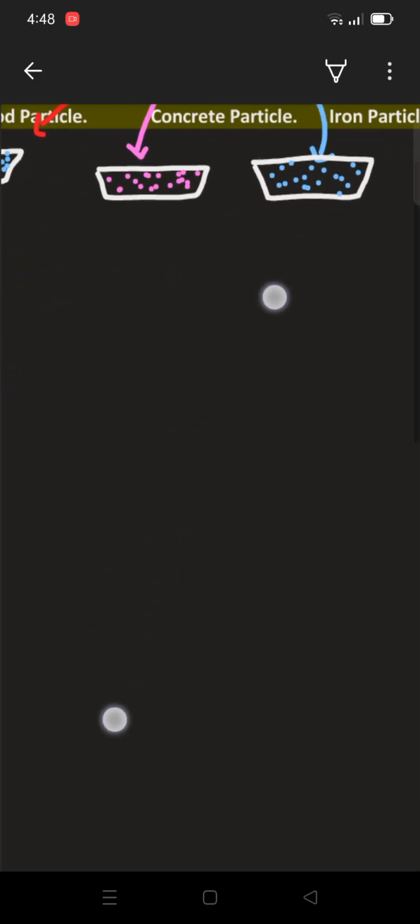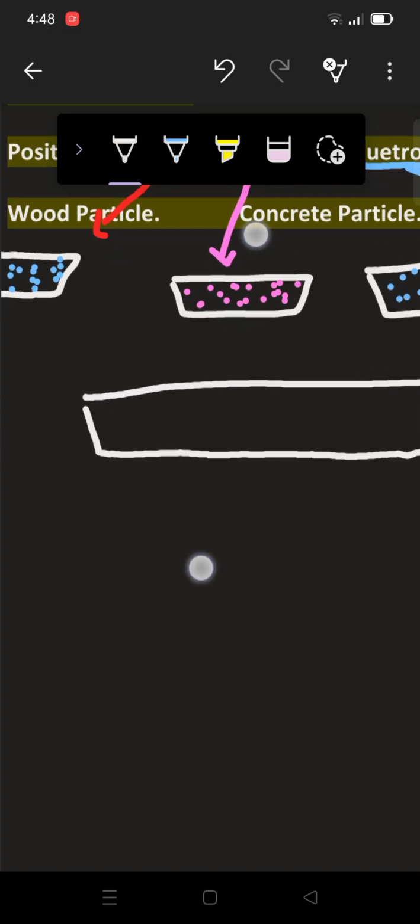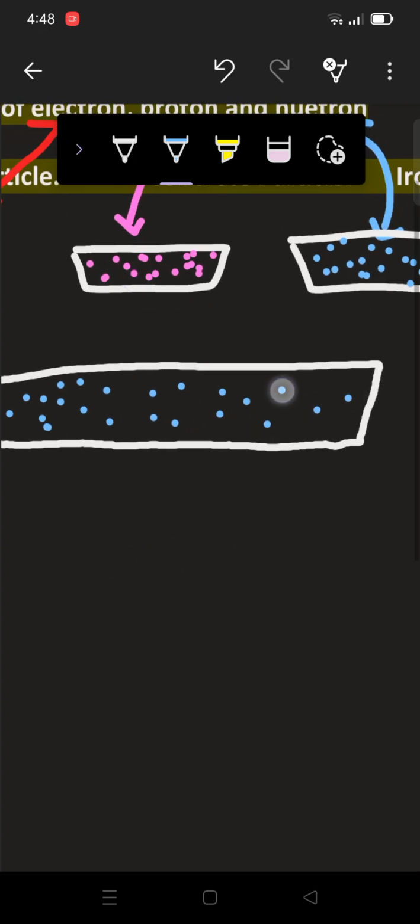Let's mix all these particles together in a single dish. So this is basically a single dish in which we have mixed all the particles. These are basically wood particles, and these are basically concrete particles, and neutrons, which are basically iron particles. I'm making them with this color.